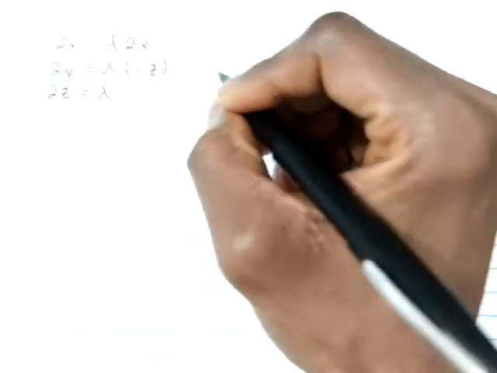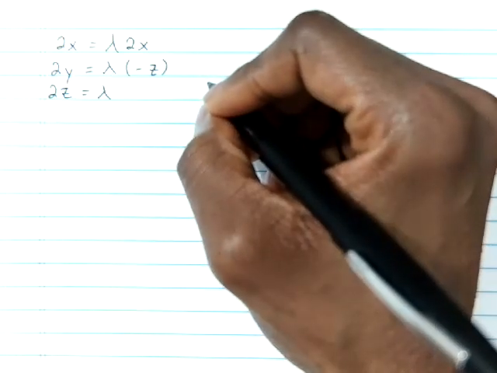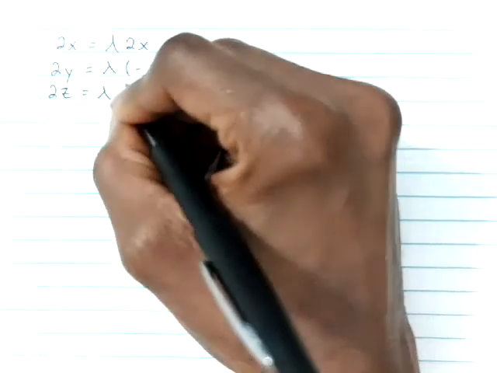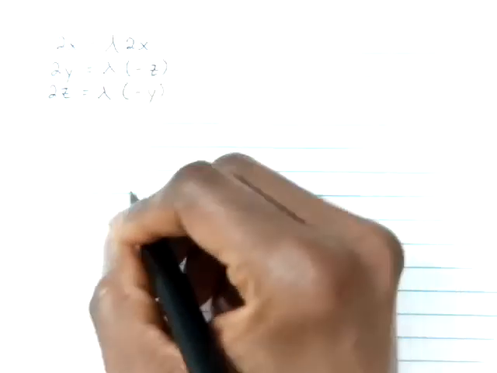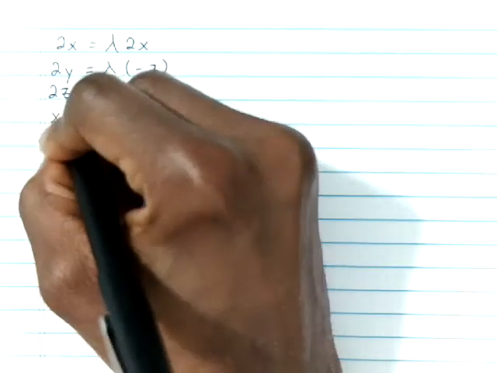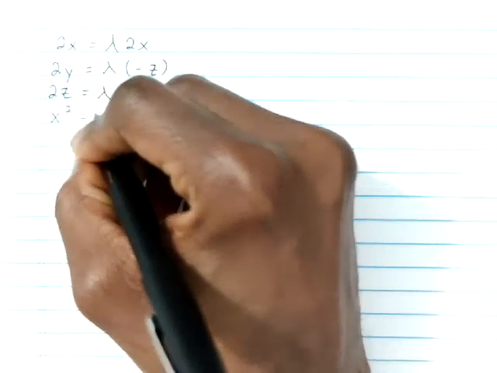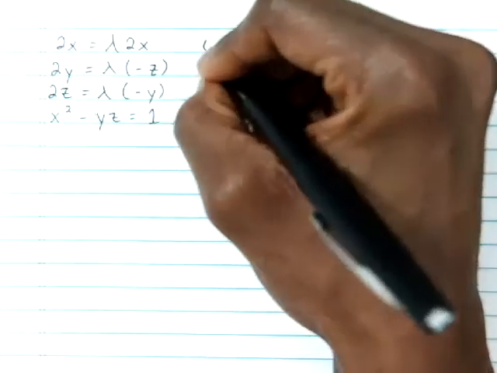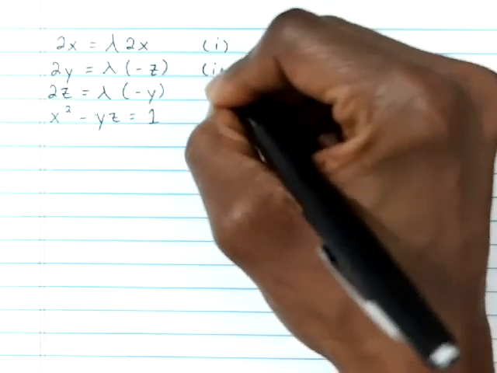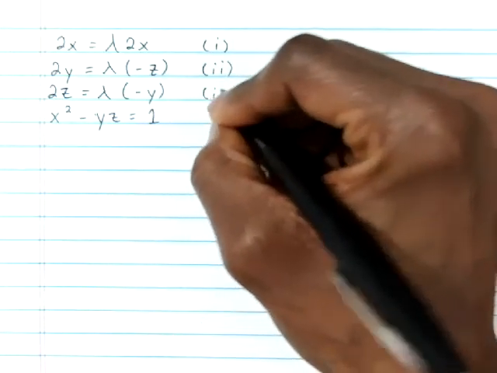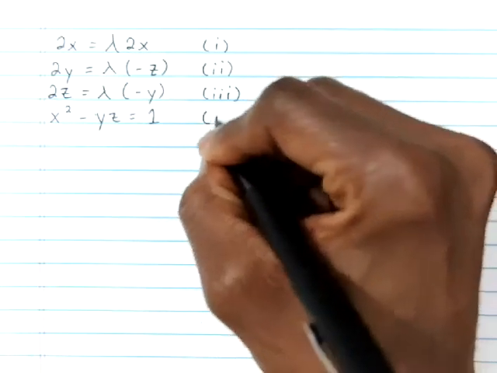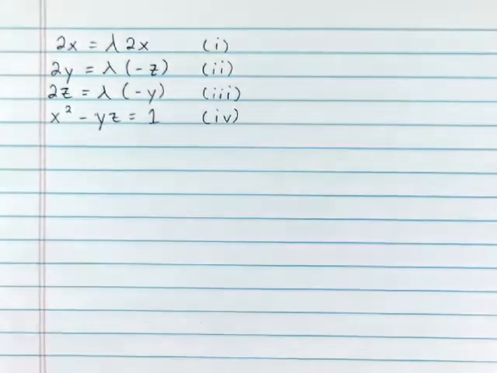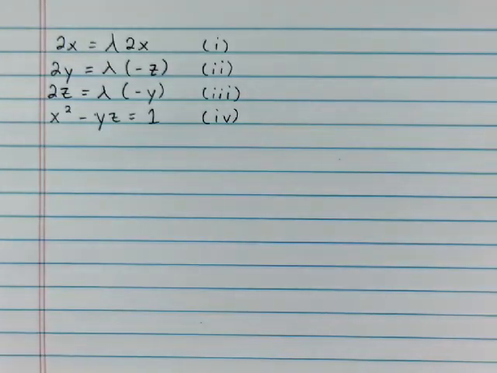Then f sub z is 2z equals lambda times g sub z, which is negative y. And lastly, our constraint is x squared minus yz equals 1. So I'm going to label my equations to keep things organized. All right, so we have these 4 equations.